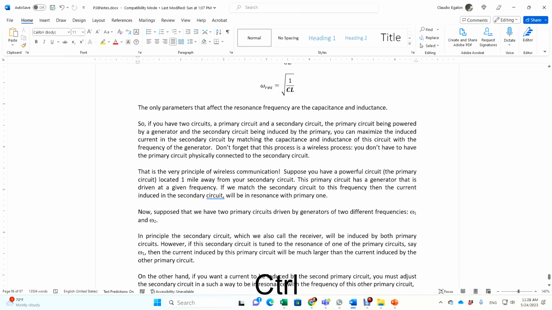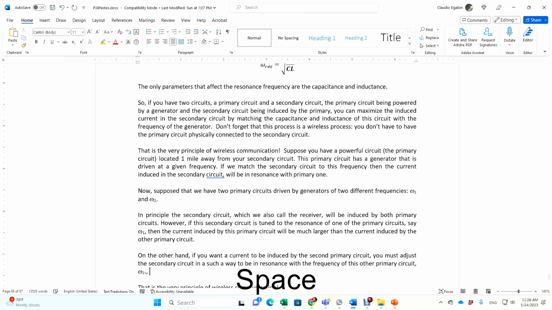So it should have a capacitance and inductance that's in resonance with that frequency. And it's possible to do that.